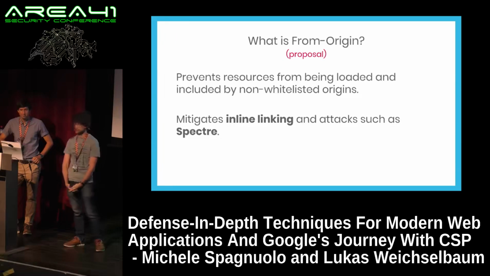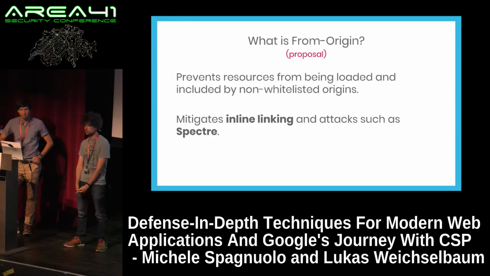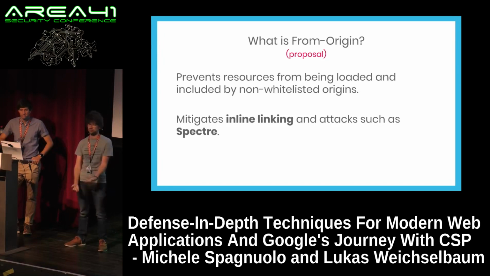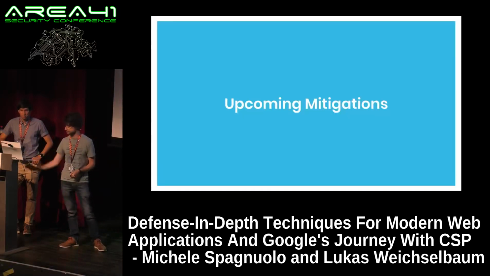From-Origin has been around for some time, and it was originally thought of as an inline linking protection mechanism. So, for example, if you have images that you don't want hot linked, to avoid bandwidth leeching, the browser would not fetch them in the first place. But now it's been revisited, together with the others I discussed before, in light of attacks such as Spectre.